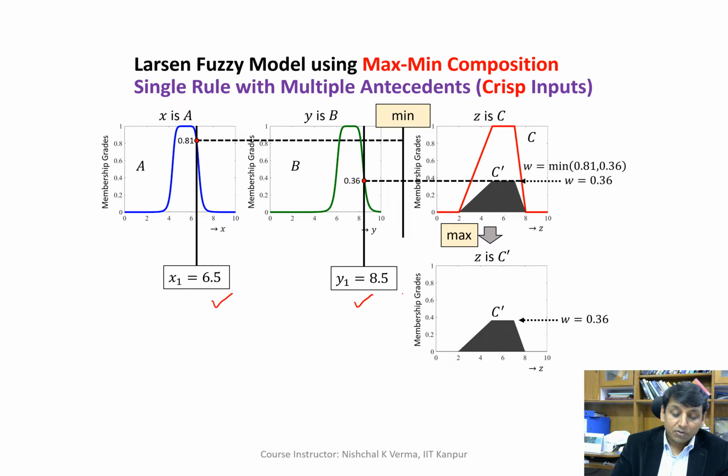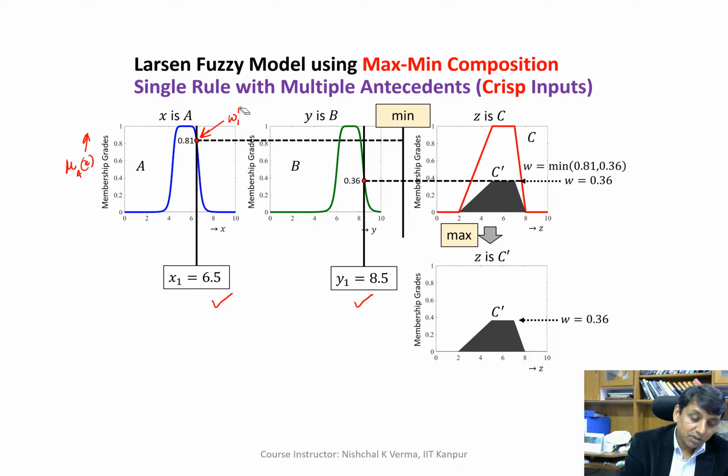So we see, when we take x1 is equal to 6.5, and when we draw a line parallel to the y-axis, that means parallel to the ordinate, the mu axis here, we get the point of intersection as w1.